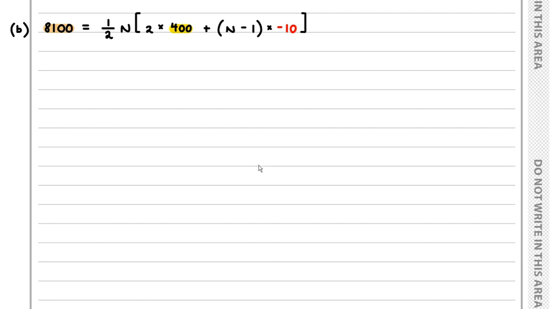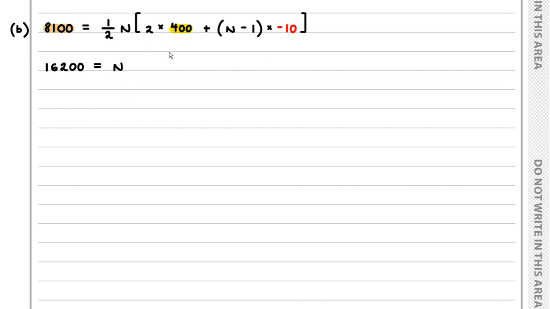If we multiply through by 2, 8,100 multiplied by 2 is 16,200, and this is equal to n multiplied by the bracket here.